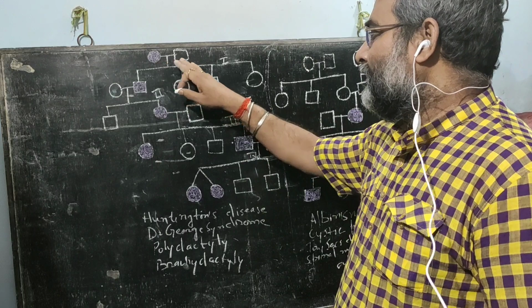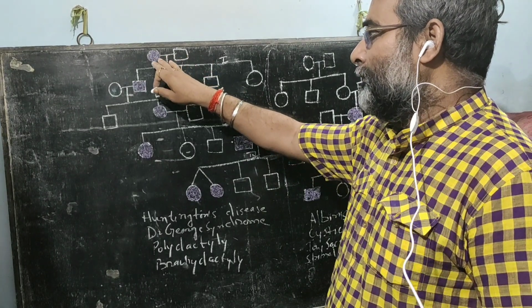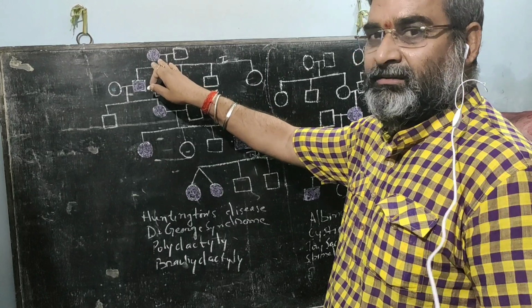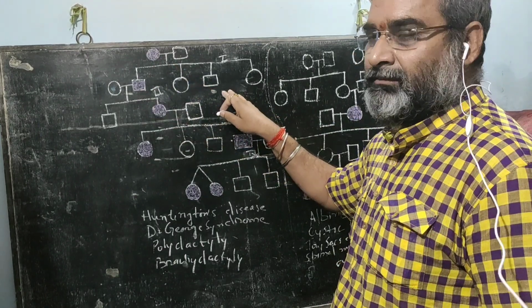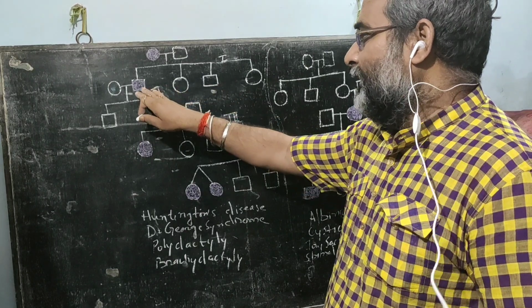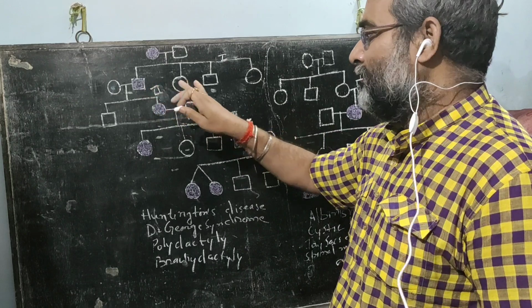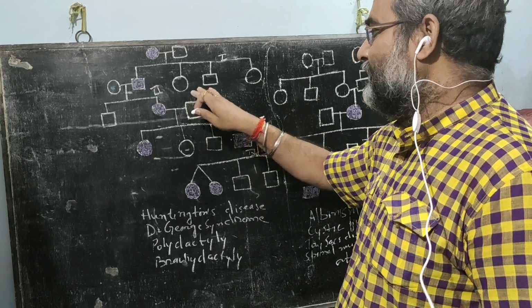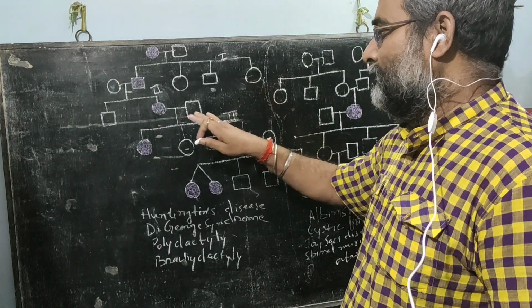In the parental generation, if you observe the parent, the mother is affected by the trait under study. In the first generation, 50% of sons are affected, while 100% of daughters are normal.